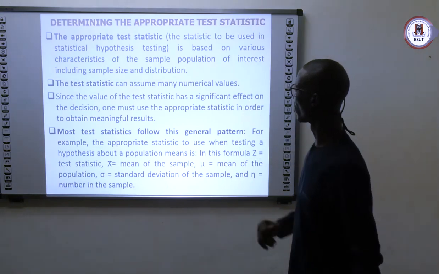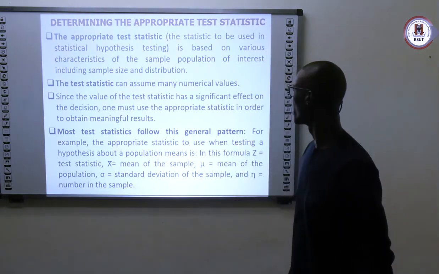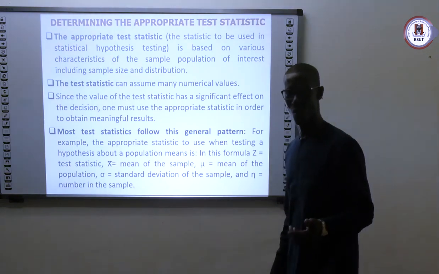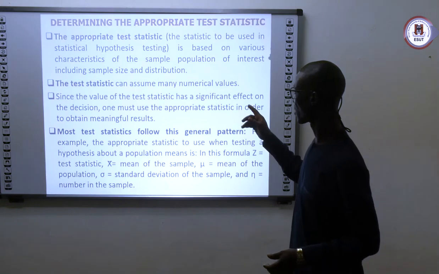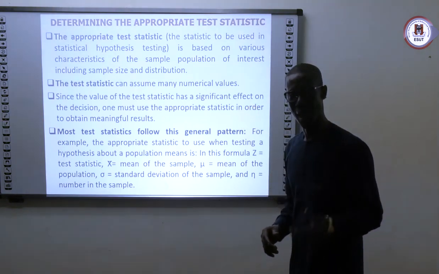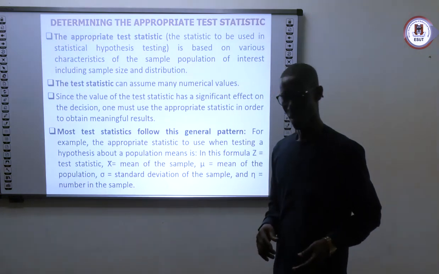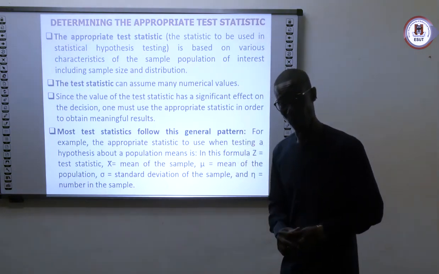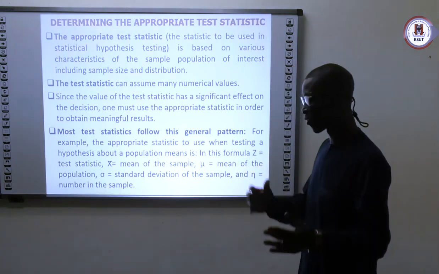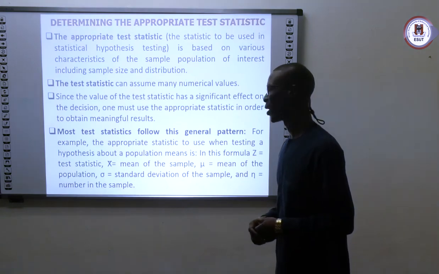So we are going to continue from how do we determine the appropriate test statistics when we are about testing hypothesis. The test statistics matter a lot, and the appropriate test statistics for testing hypothesis depends on the characteristics of the sample population, in terms of the size of the sample and the distribution of the sample.